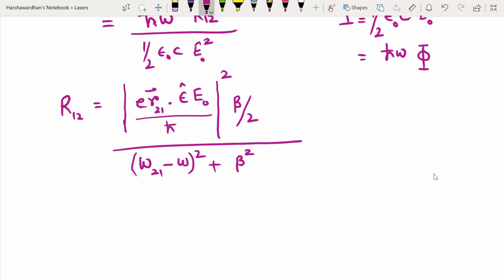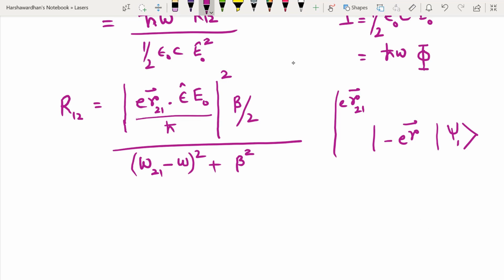Let me just quickly qualify what I mean by this term. This is a little bit of quantum mechanics. When you're looking at R21, what you're looking at basically is a wave function describing the ground state psi 1, and the so-called interaction Hamiltonian, which basically is e times R12, that's my dipole moment.